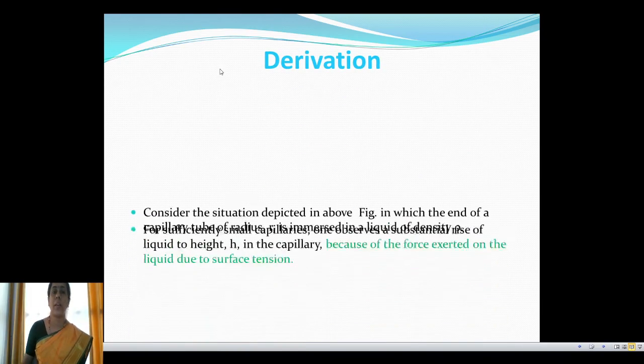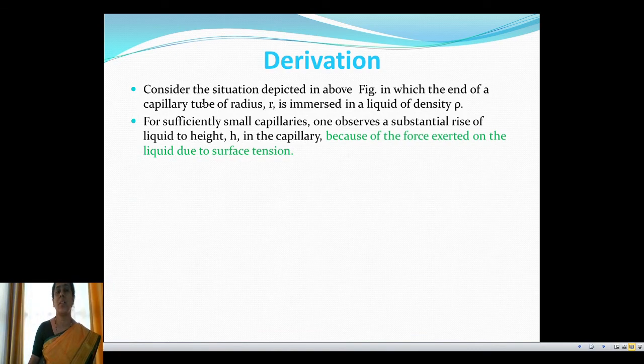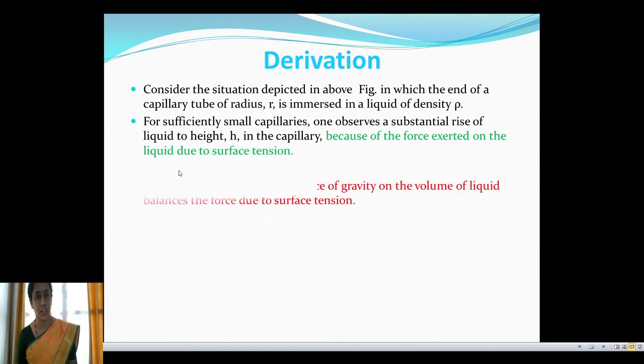Now, the derivation. Consider the situation depicted in the figure, in which the end of the capillary tube of radius r is immersed in a liquid of density rho. For sufficiently small capillaries, one observes a substantial rise of liquid to height h in the capillary because of the force exerted on the liquid due to surface tension.